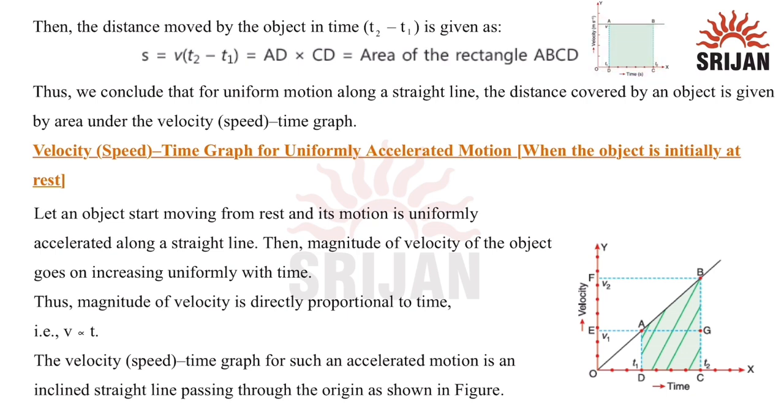Thus we conclude that for uniform motion along a straight line, the distance covered by an object is given by area under velocity time graph, that is speed time graph.